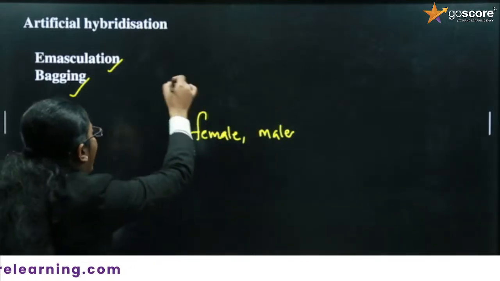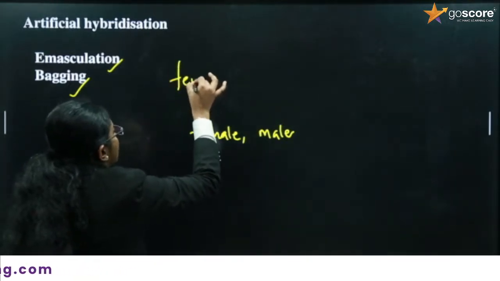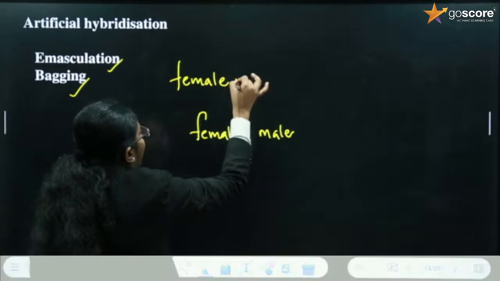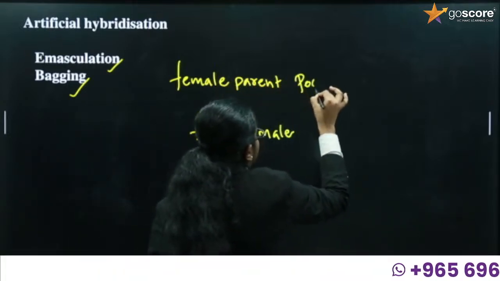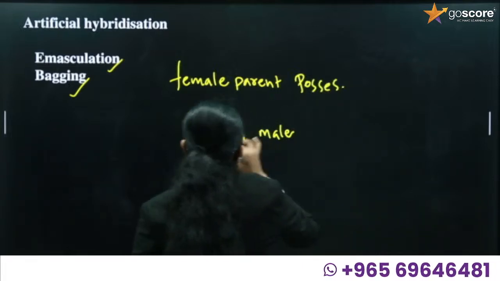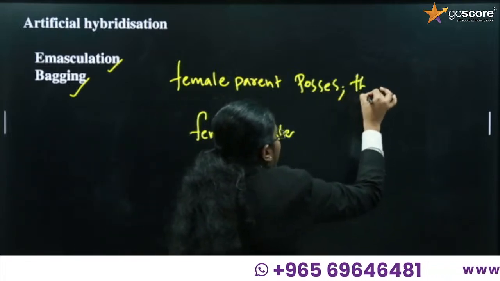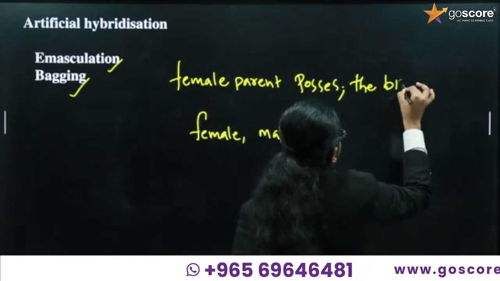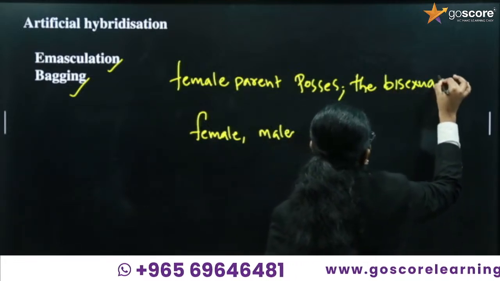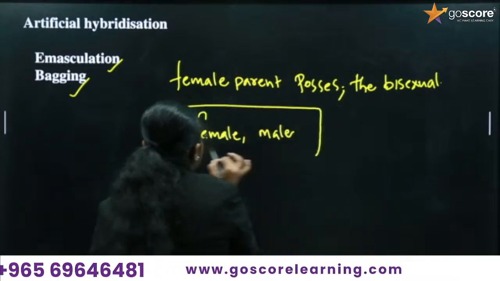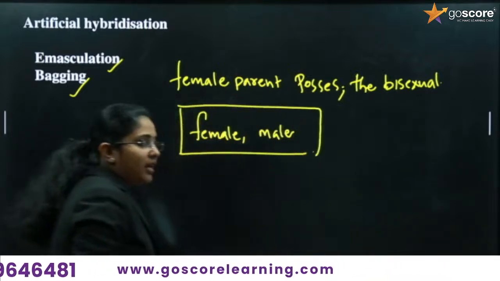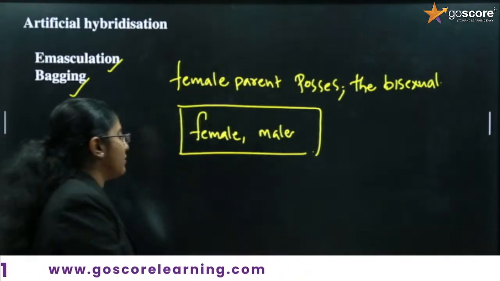The condition is, if the female parent possesses bisexual flowers, what is the condition here? Bisexual flower means both female and male reproductive structures are present.